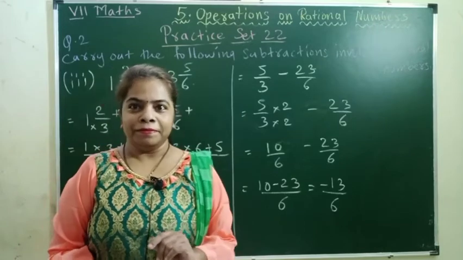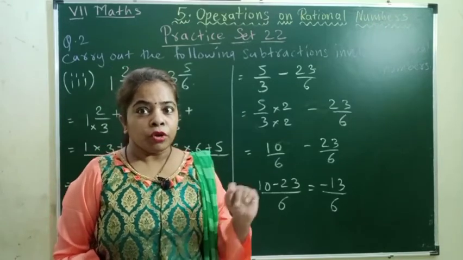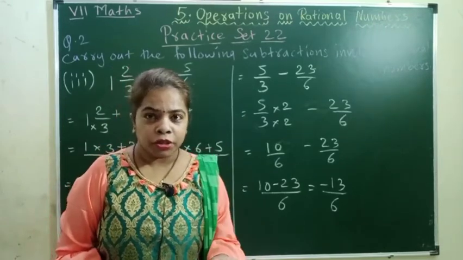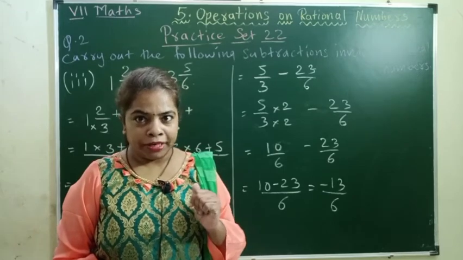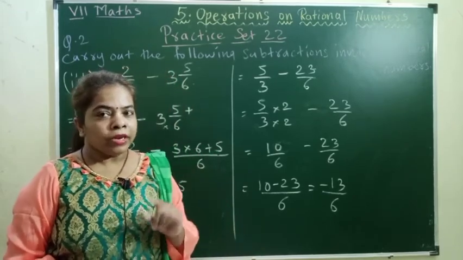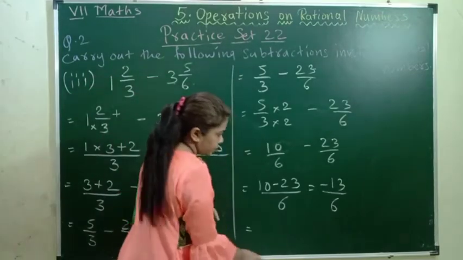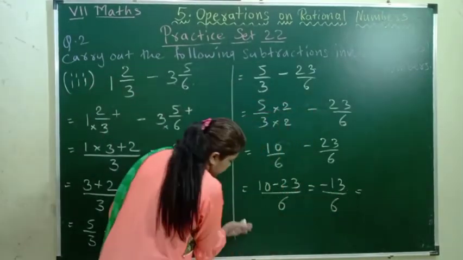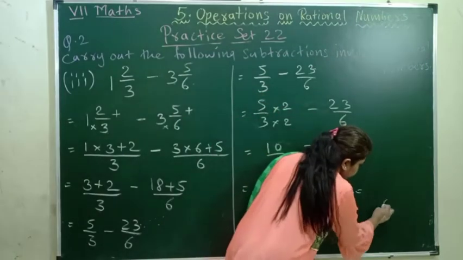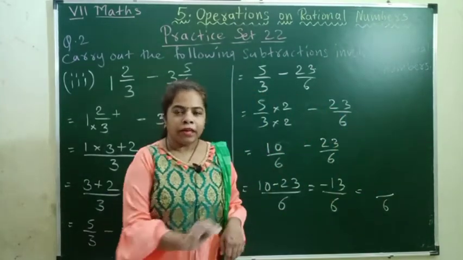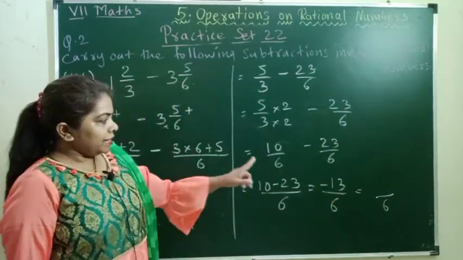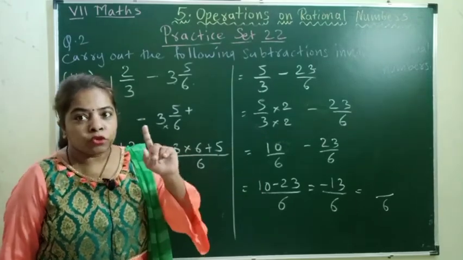That's your answer. Now if you want to convert it into a mixed fraction, you can do that also, children. How we normally do it, I will show in simple way. Six I am going to write down like that only. 6 ones are 6, 6 twos are 12.